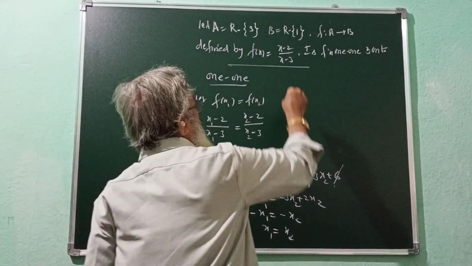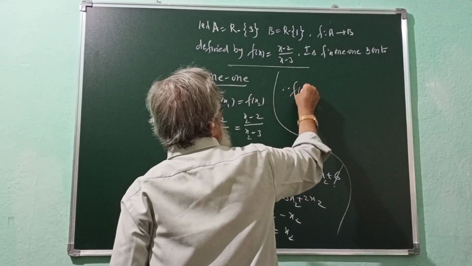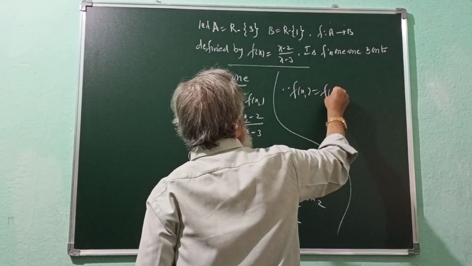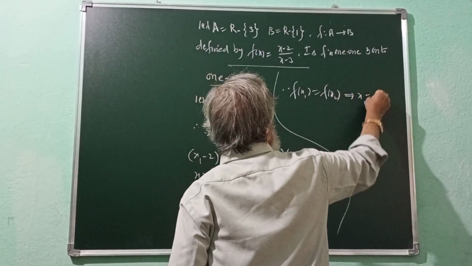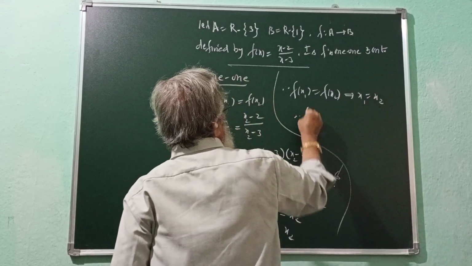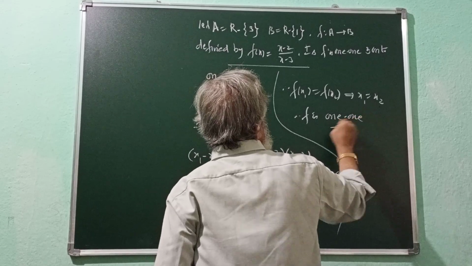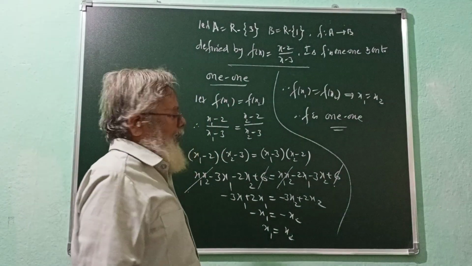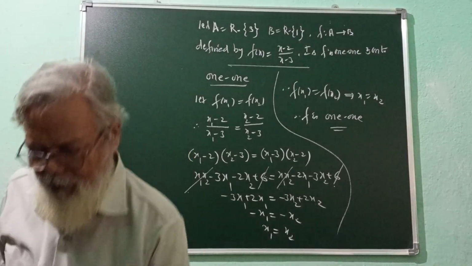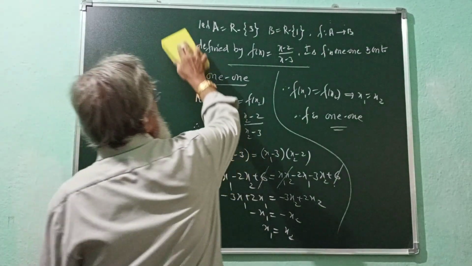Therefore f of x1 is equal to f of x2 implies x1 is equal to x2. Therefore, f is one-one. Now we have to check whether f is onto or not. Discuss about the onto function.